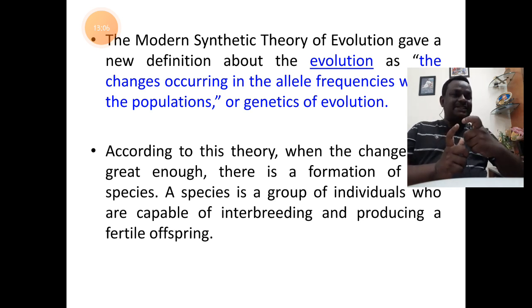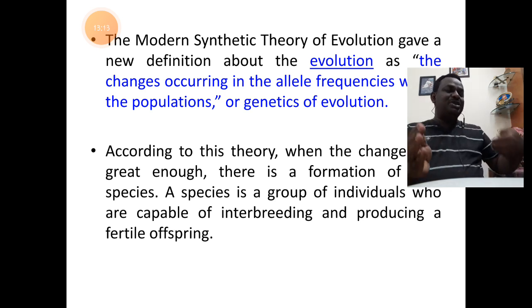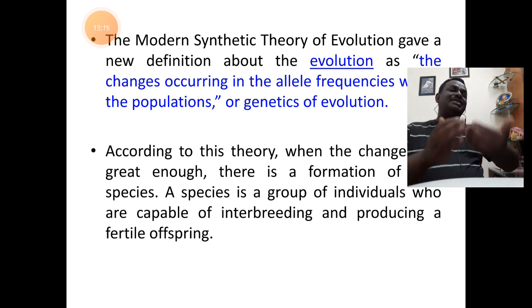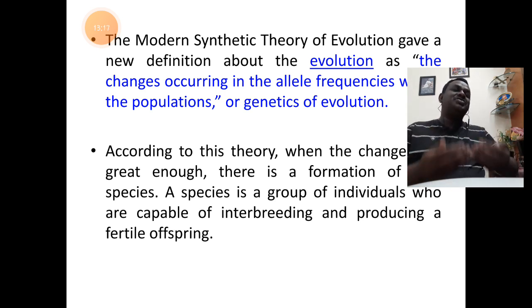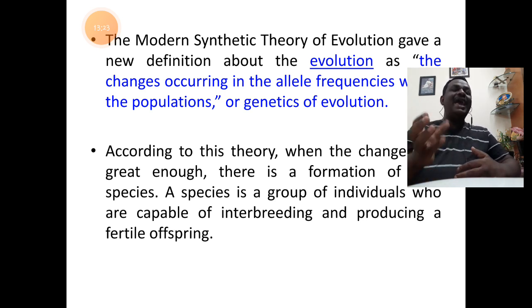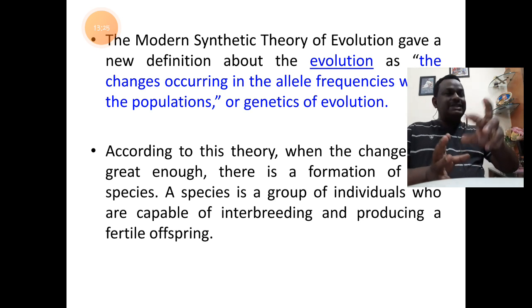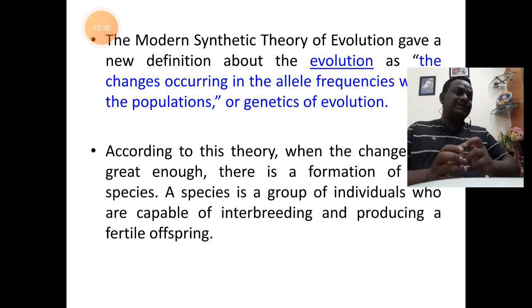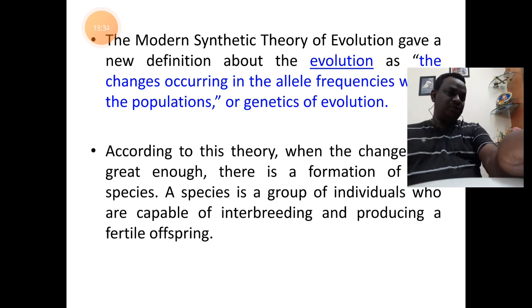So these changes have to be selected by nature, and that will form a new species in future if the changes are transferred or transmitted to the generations. So we call it inheritance. So inheritance of the genetic variations that happen in alleles is exactly what we call the process of evolution.